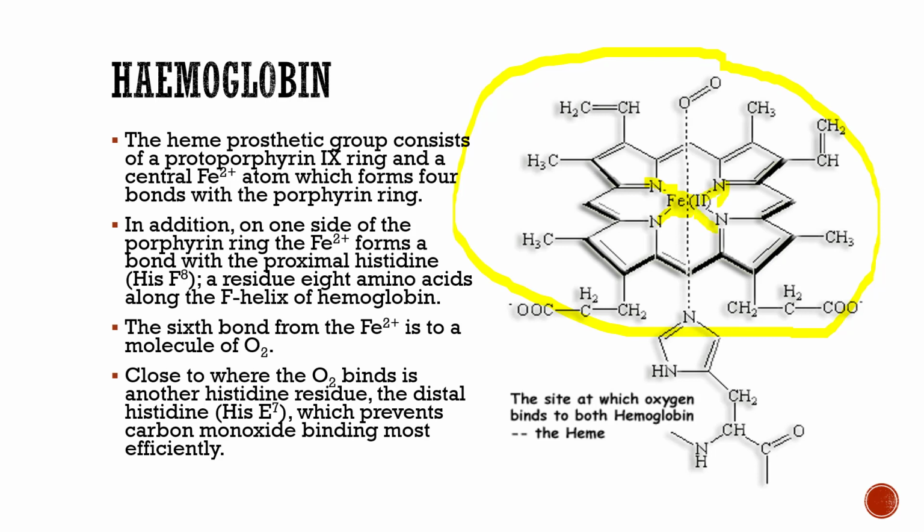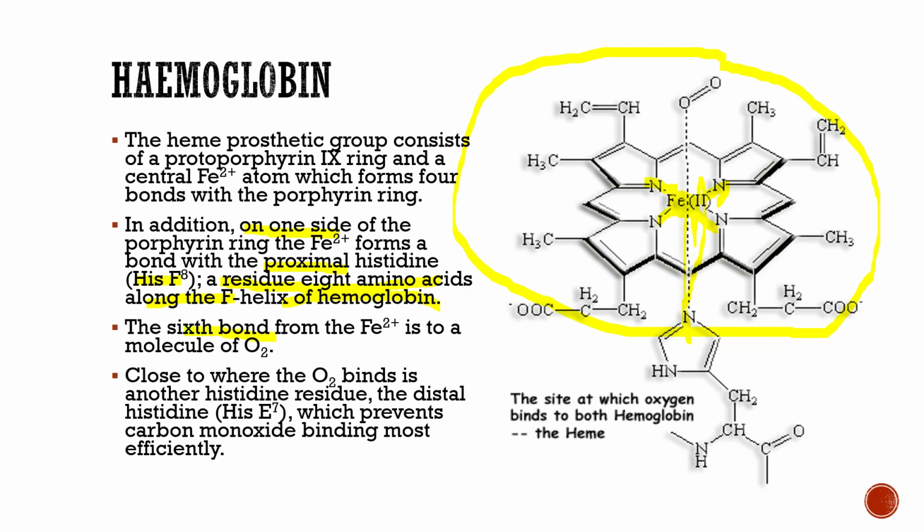And in addition, on one side of the porphyrin ring, the iron forms a bond with the proximal histidine, or HF8. You can see the proximal histidine bond here, a residue which is the 8th amino acid along the F helix of the hemoglobin.